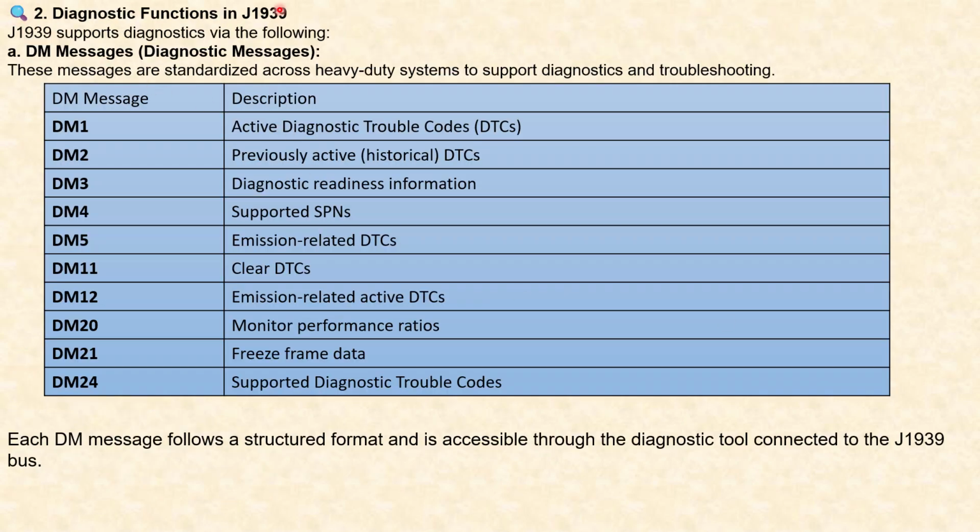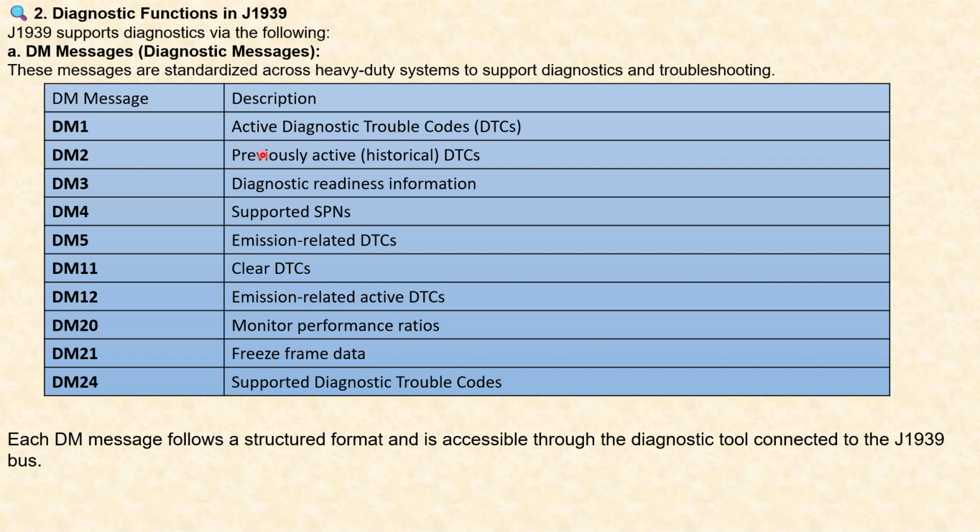Now, when it comes to diagnostic functions, J1939 supports diagnostics via the following procedure. First procedure is DM messages, which is diagnostic messages, and these messages are standardized across heavy duty systems to support diagnostics and troubleshooting. So see this: DM1 is active diagnostic trouble code.